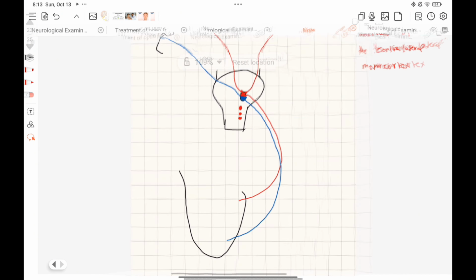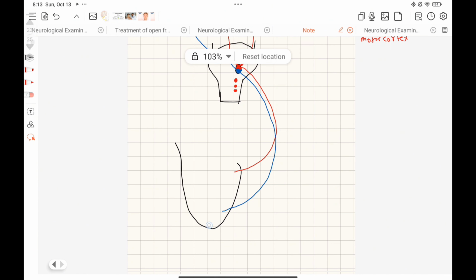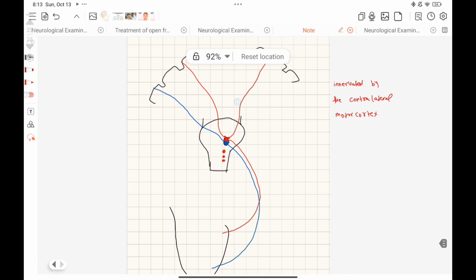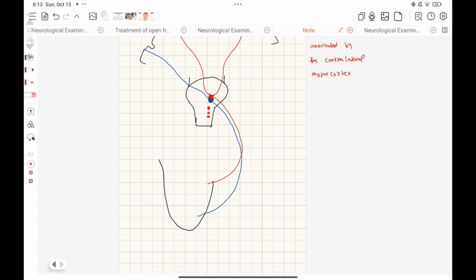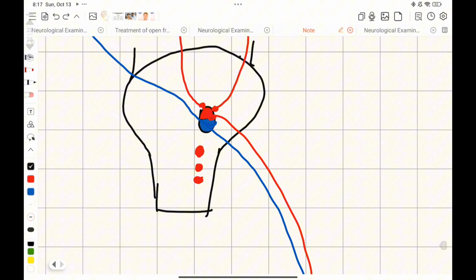Okay, so now we have to determine where the lesion is. Is it in the upper motor or in the lower motor? So we will divide the face with an imaginary line into two halves. And also for the same side, we have a nucleus here and the sensory.